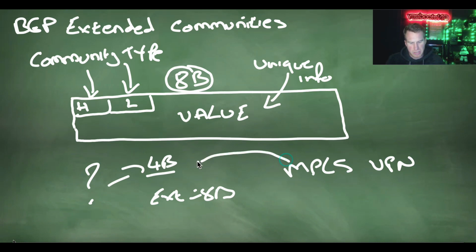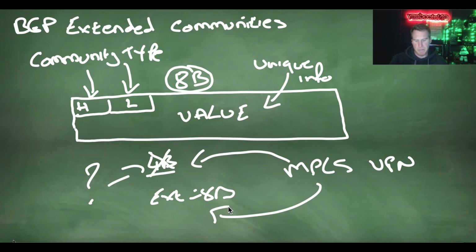When it comes to such a use case, the 4-byte regular or standard BGP community, it's not enough. It doesn't provide enough flavor, it doesn't provide enough flexibility for most of those use cases. Whereas the extended 8-byte BGP community offers a lot more flexibility, offers a lot more flavor, offers a lot more power to those MPLS service providers at the end of the day.